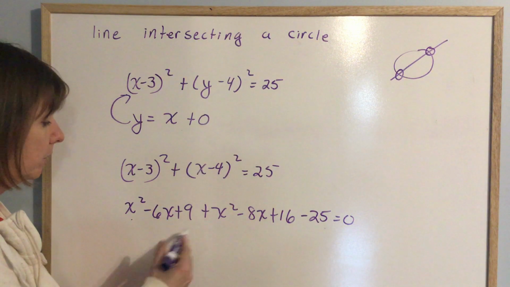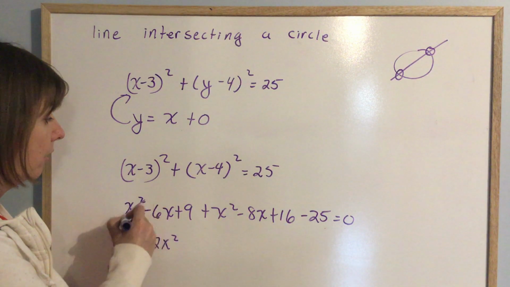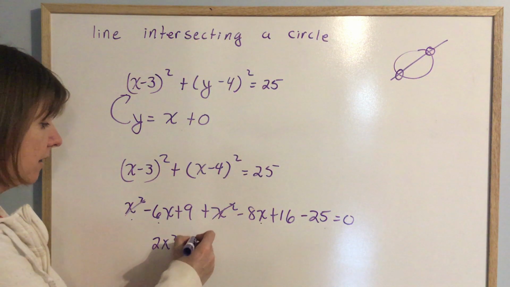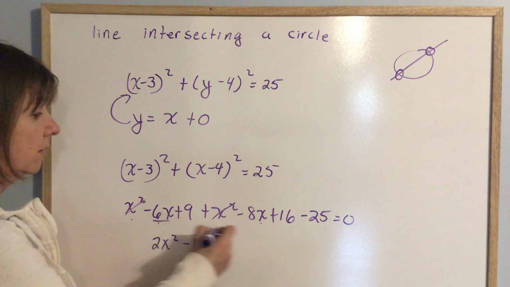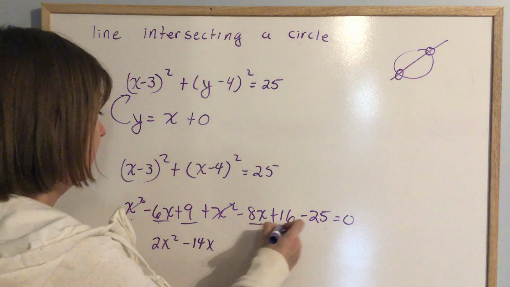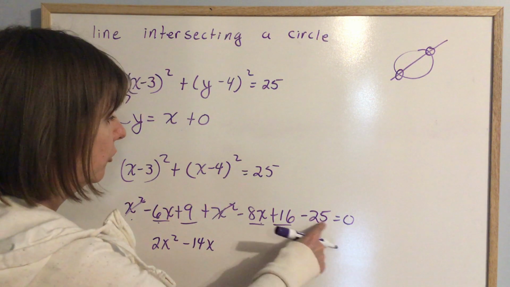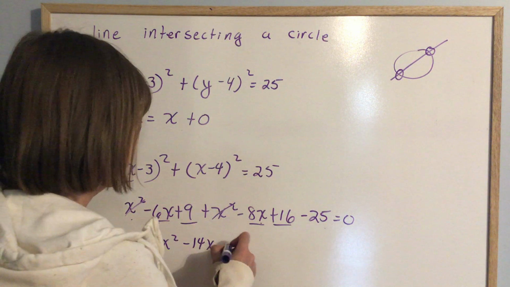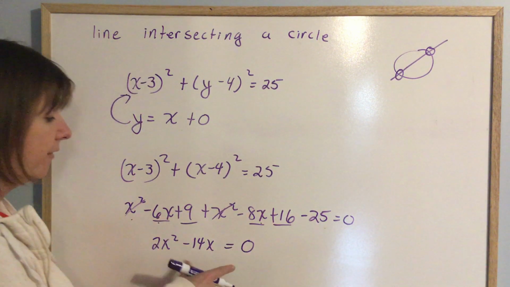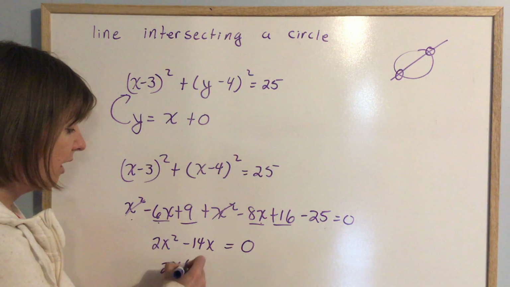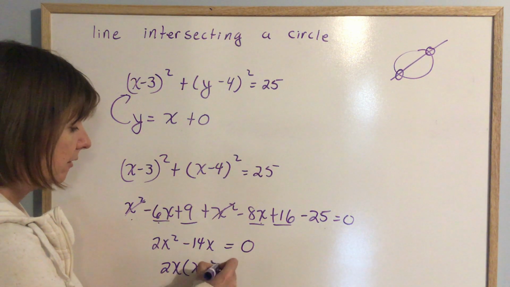So I would have x squared plus x squared is 2x squared. Negative 6x minus 8x is negative 14x. And 9 plus 16 is 25, and 25 take away 25 is actually 0. So this is what I have. I factor this. In this one, I would factor it to be 2x and x minus 7.